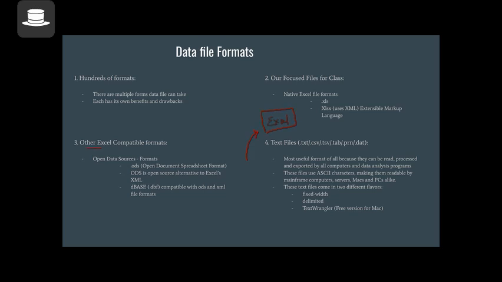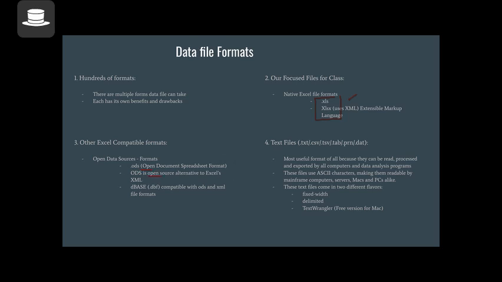The commonly accessible and freely available data files that Excel can open or process would be something like the ODS format, Open Document Spreadsheet format, or the dBase format. Again, we'll cover more of these later on. Even more important is knowing the different kinds of Excel formats, and as we go through different data assignments, you will learn more about the other Excel compatible formats.